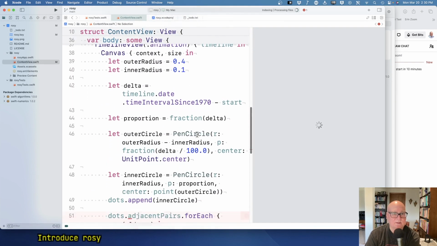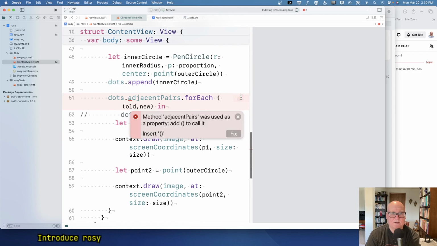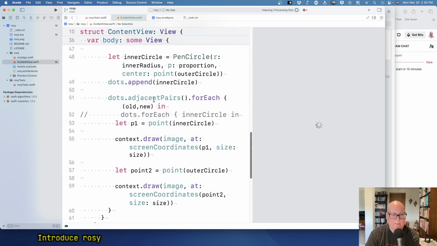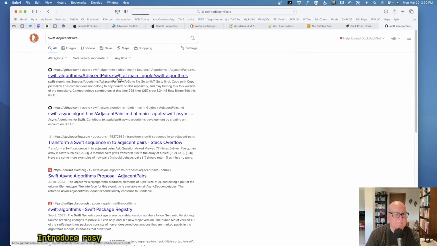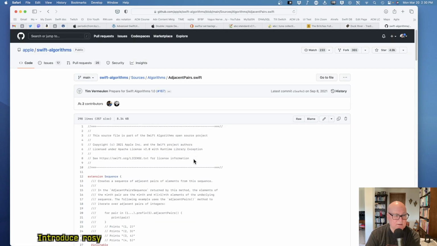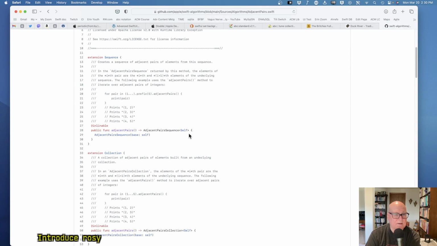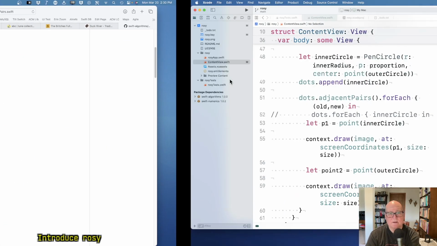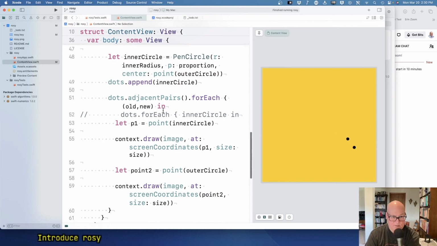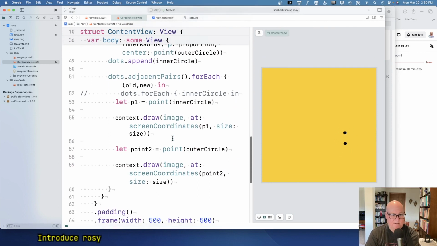All right, so down here, property add test called, yes, okay. I guess it's an extension of sequence. Okay, so we have a sequence, we do this, we get old and new, and now we want to draw P1 equals point of inner circle.